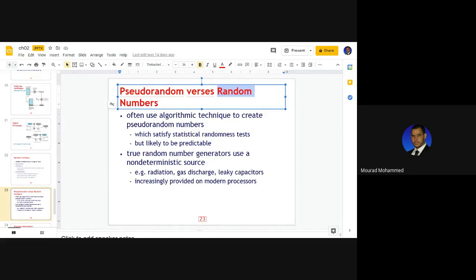It is a time-consuming process, and a memory space-consuming process also. This one, the pseudo-random, consumes less time, maybe. It consumes less memory space also, maybe. But it is less secure when we compare it to the random number generation standards.